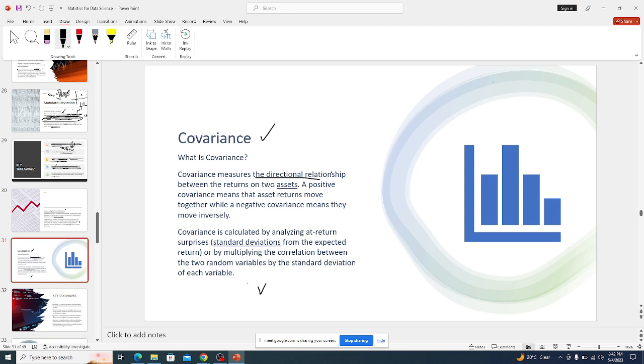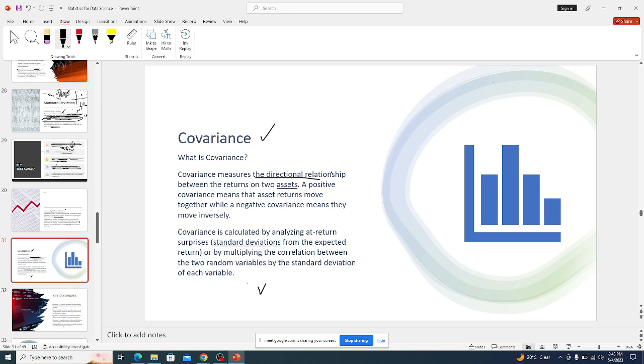If one increases, the other variable can either increase in the same direction or go down. So it is just a degree of change. Yes, all right. Good, that's a good trial.